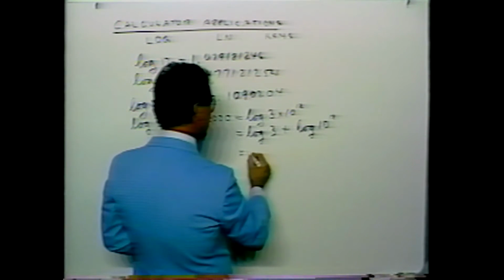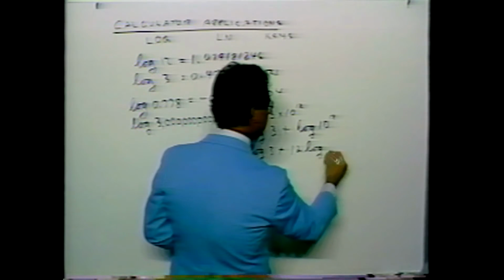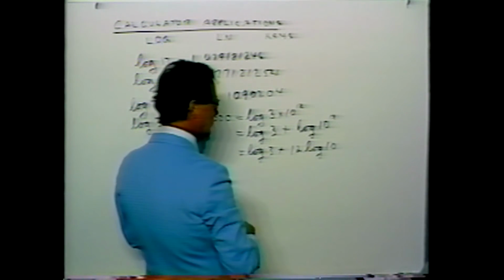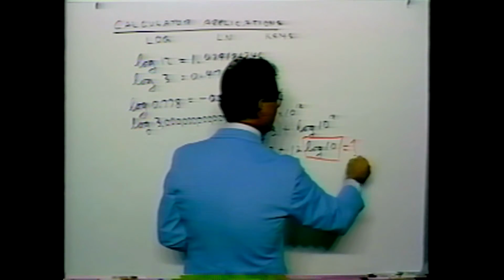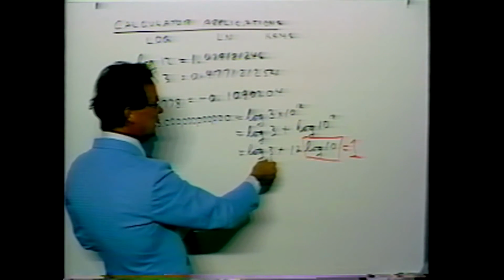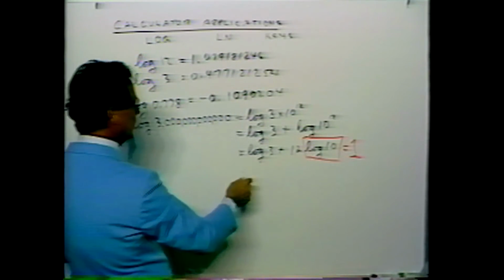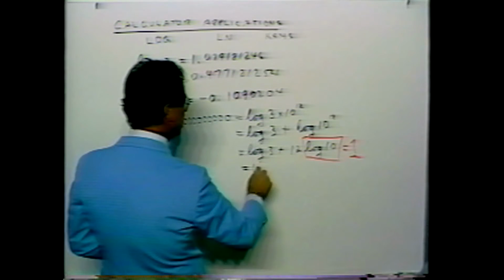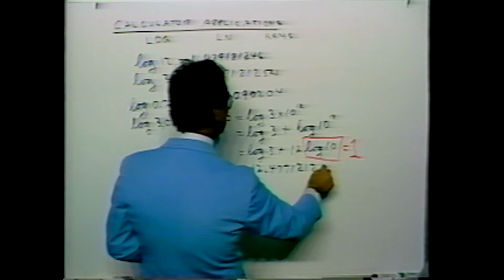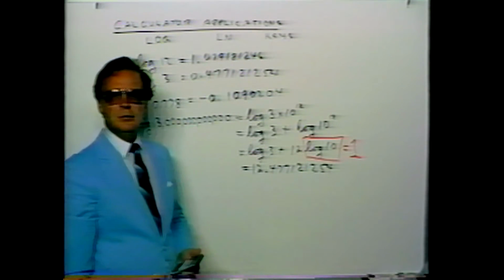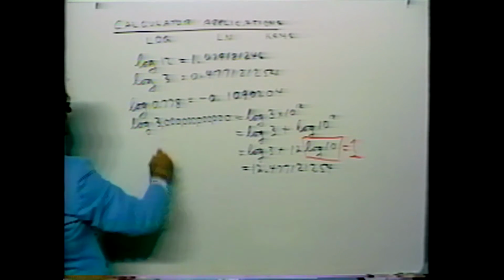Remember that this is the same as the log of 3 plus 12 times the log of 10 to base 10, and the log of 10 to base 10 is just 1. So whatever the log of 3 equals, you'll simply have to add 12 to it. We've already worked out what the log of 3 is, and so the answer is 12.477121254.